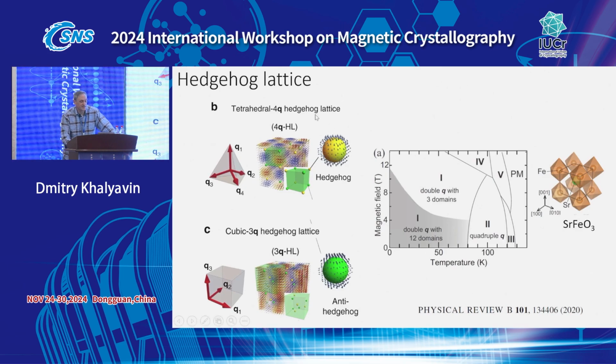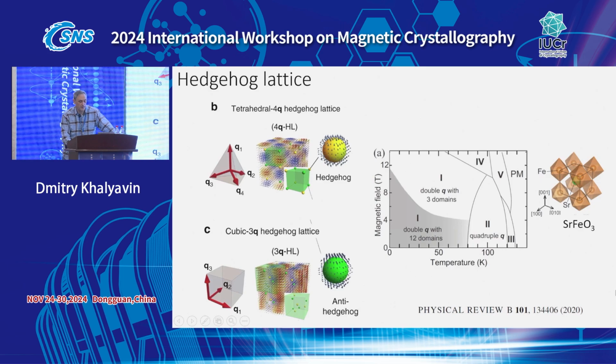So in the case of hedgehog lattices, it's also a multi-K structure, and we can distinguish 2 cases. One of them is a 4K structure in a tetrahedron, which sums to 0, and the other case is a 3K structure, but these 3 K's don't sum to 0.